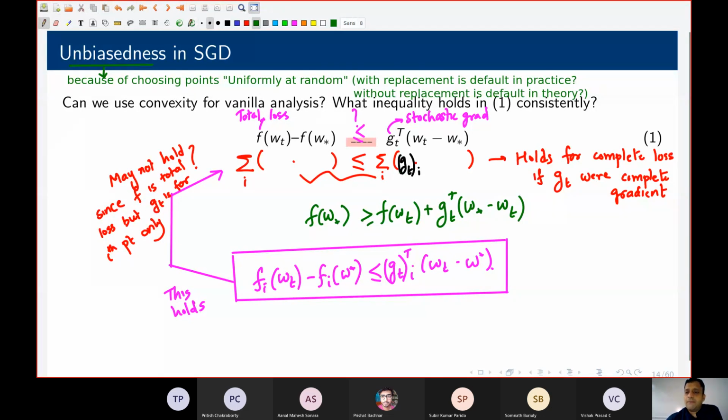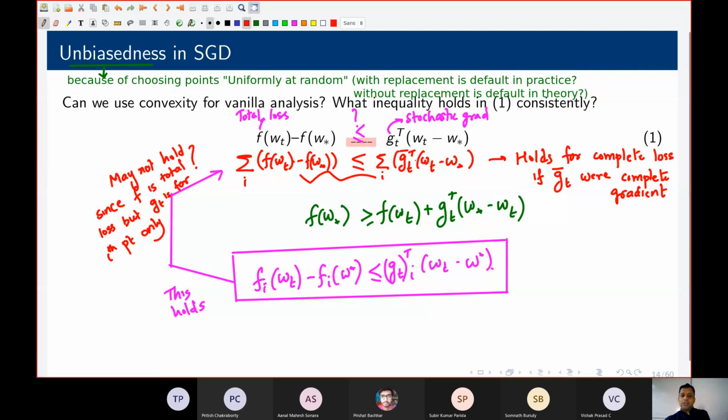No, I made an error here. Sorry, this is GTi. So let me use a different name and call it GT bar. So this holds, right? GT bar transpose. So both of these hold, the one in red and the one in pink.